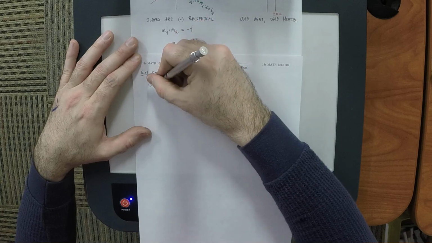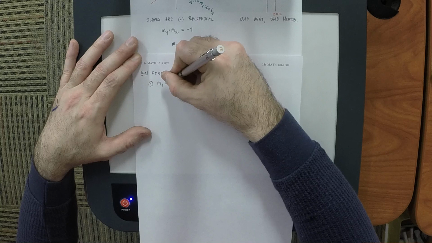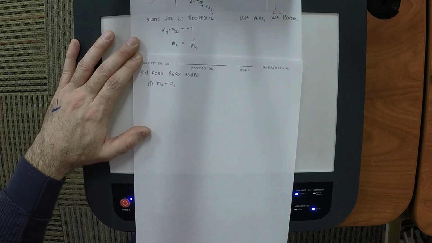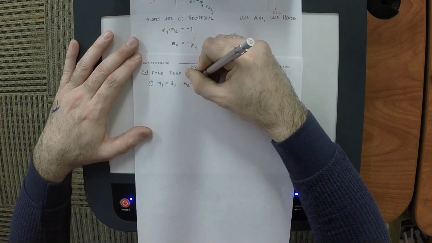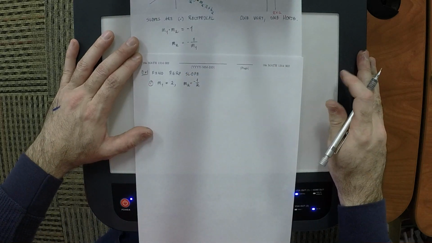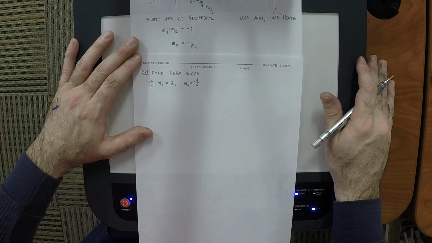What's the perpendicular slope to the slope m = 2? Negative 1 over 2. Because remember, to find the perpendicular slope you do two separate actions. You negate and reciprocate. Both.